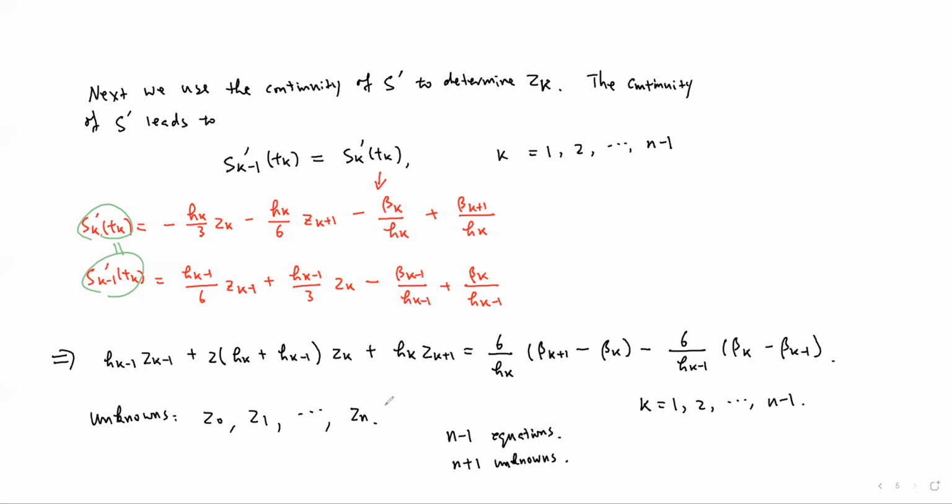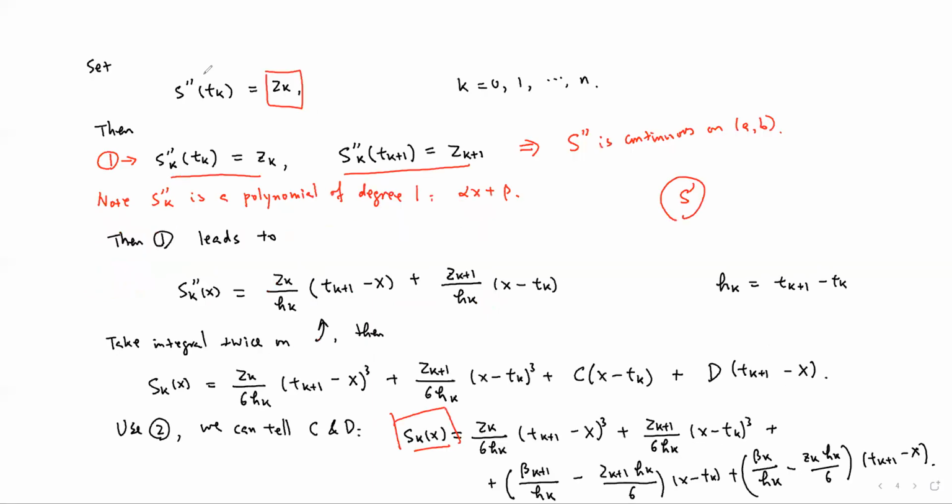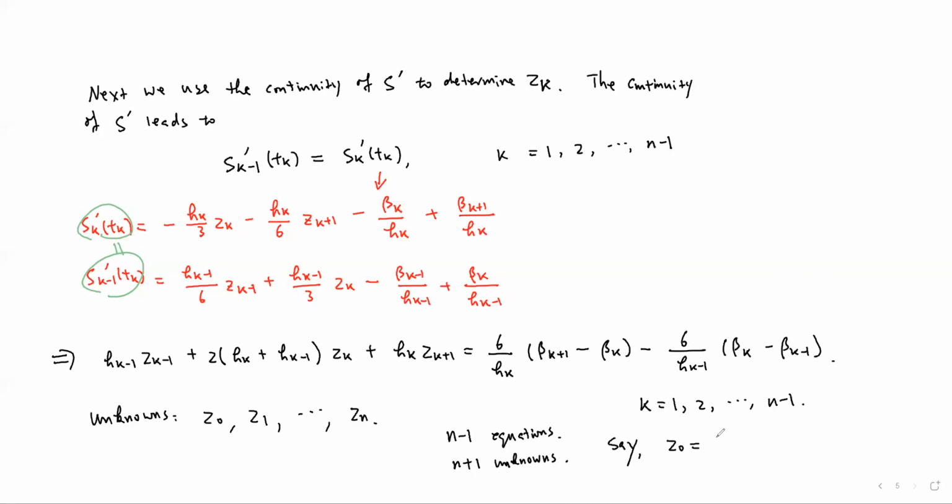Two of the unknowns can be arbitrarily assigned values. Let me assign c0. What is c0? This is the derivative at t0. I can arbitrarily assign values to c0 and cn, the derivative at tn.